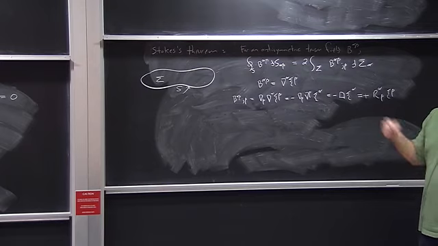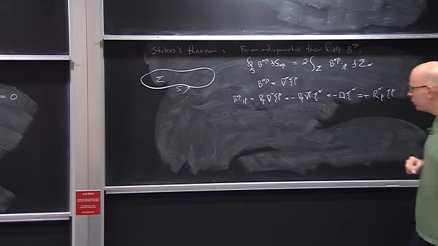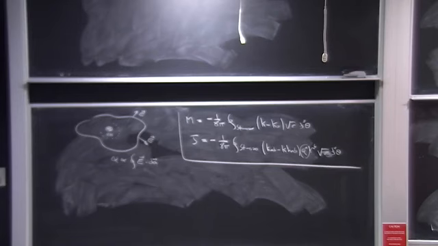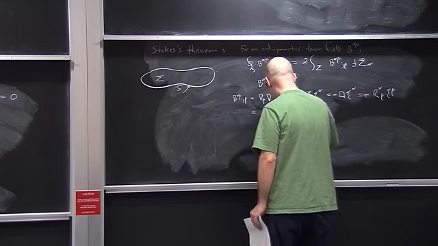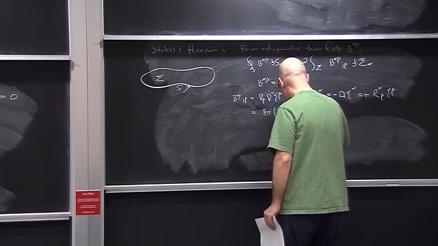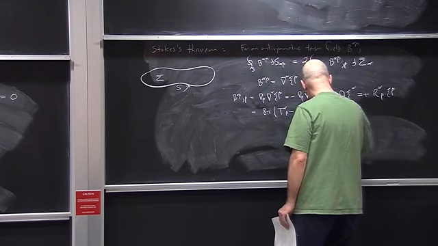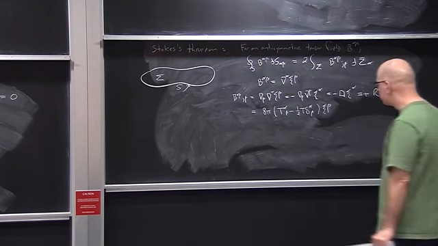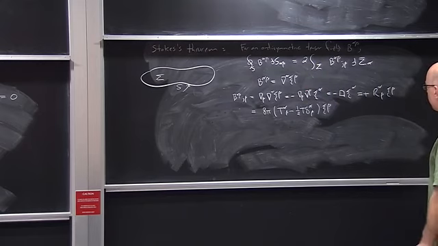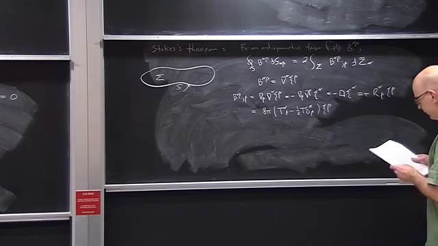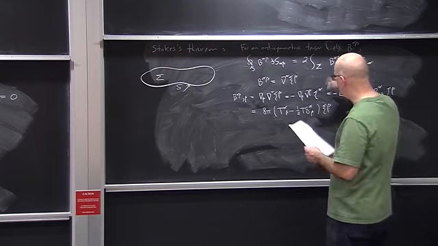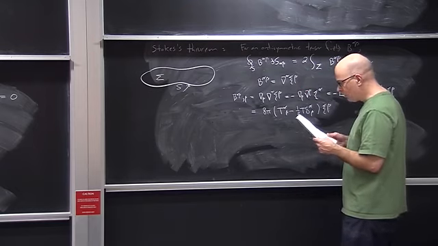And I'm going to use the Einstein field equations and relate the Ricci tensor to the energy momentum tensor of the spacetime. So we get our 8 pi, we get T alpha beta minus a half T delta alpha beta, and all of this multiplies the Killing vector.